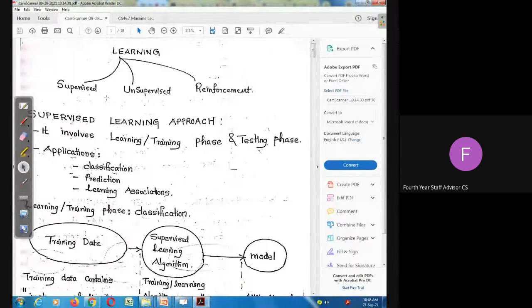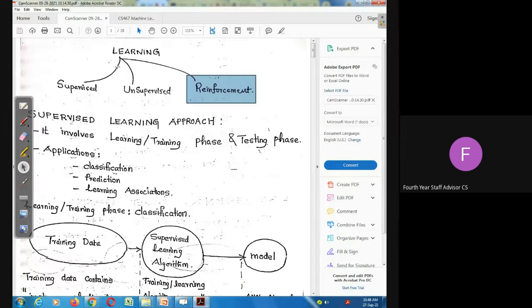There are three types of learning: supervised learning, unsupervised learning, and reinforcement learning. These are the three types of learning methods used by a machine to solve a problem.